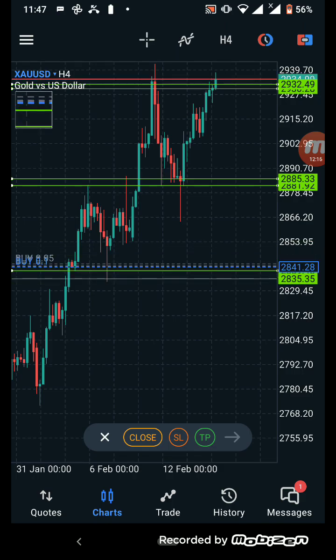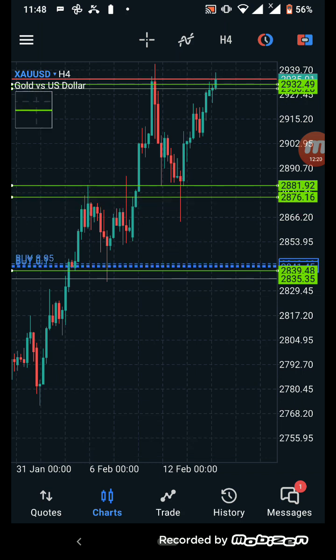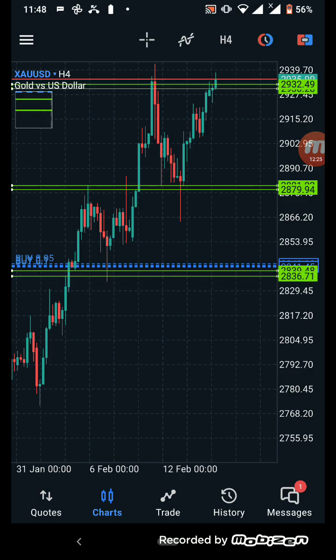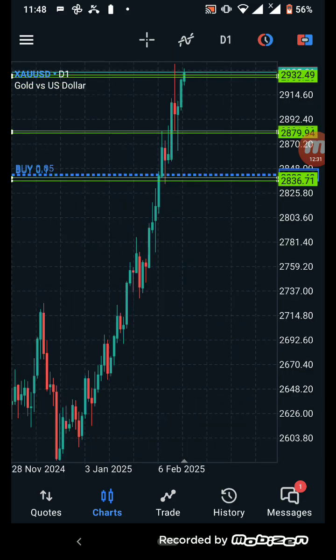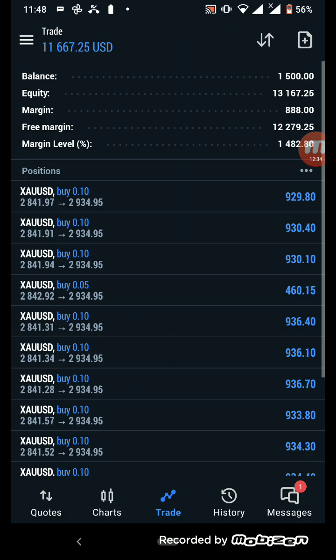It started going up right here. And because it's an uptrend, we waited for it to come down from this point here. And the moment it reached this point here, it started going up, and that's when we entered the trade. And as you can see, it has gone up, very much up, and it's running on profit, right?